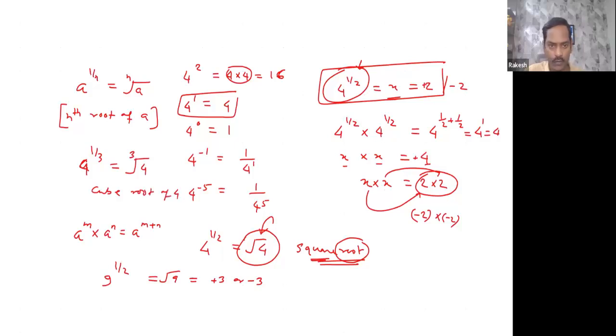Right? So what is square root of 4? The power would be half. What is cube root of anything? The power has to be 1 by 3. Correct? And say fourth root would be what? Fourth root of say 7.